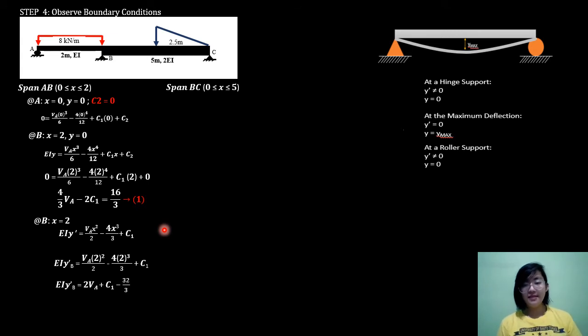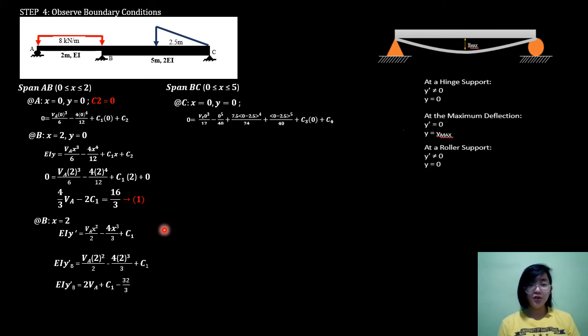In span BC, we know that at point C, at the hinge support, y is equal to 0 again. So, at x is equal to 0, y is equal to 0. Let's substitute from the deflection equation of span BC. We will get C4 is equal to 0.